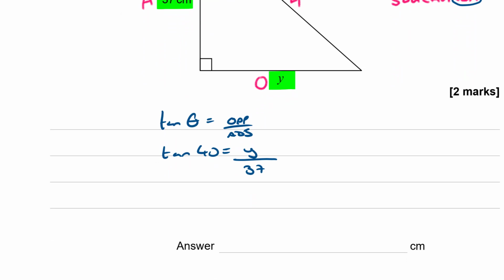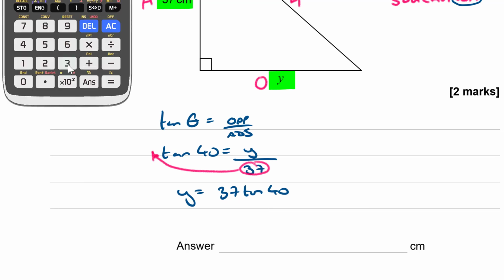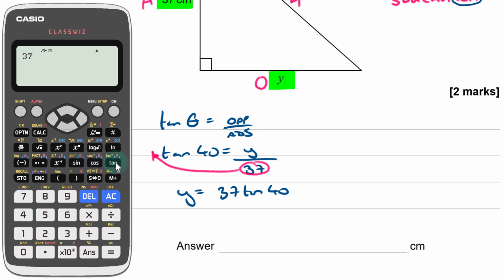Rearranging for y equals 37 tan 40. I can just take that 37 there and move it up there. And I can type 37 tan 40 into the calculator, which gives me 31.04 in a bit.